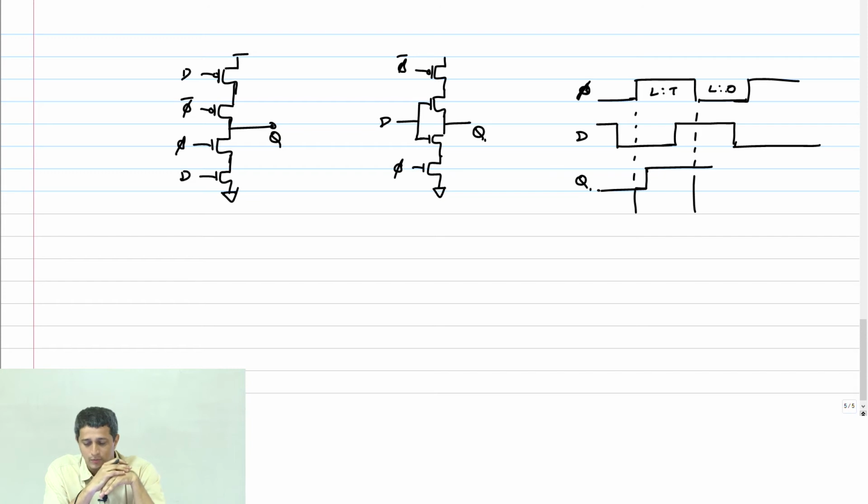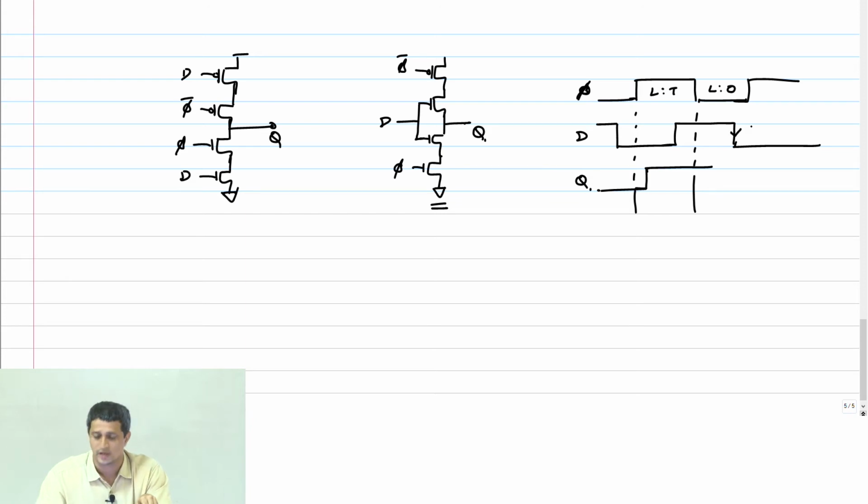When the latch becomes opaque, any change in D should not reflect in the change in Q, correct? But now, in this configuration, let us say that Q was 1 and my D now went to 0.